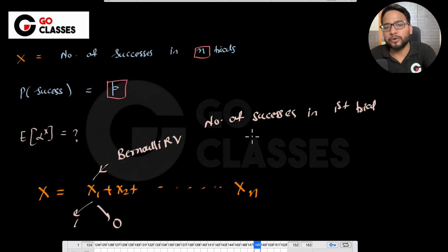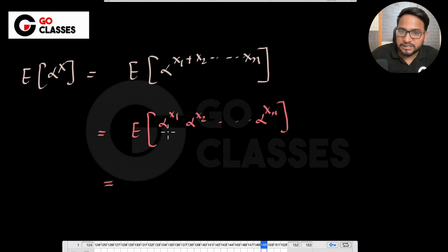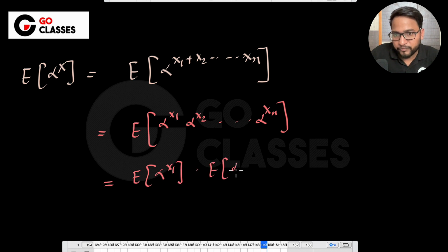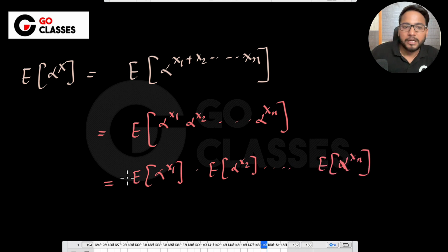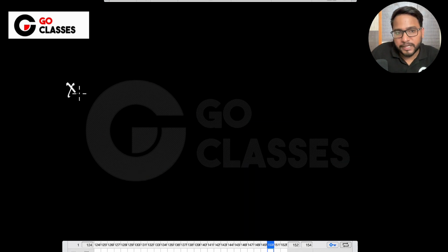So basically, since alpha power X1, alpha power X2 all are independent, this is nothing but the expectation of alpha power X1 into the expectation of alpha power X2 into the expectation of alpha power Xn, right? And now X1, X2 and so on, everything is the same. So let's just find the expectation of alpha power X1 or any Xi. This X1 can take the value 1 or 0 with the probability p or 1 minus p.